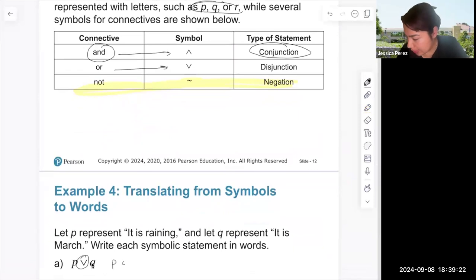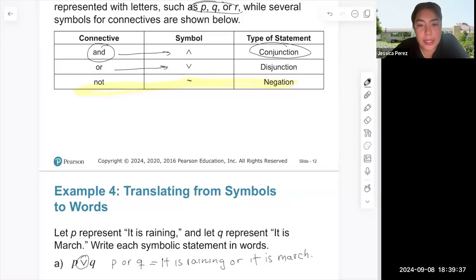Well, we know what P is. It says it is raining or it is March. So it is raining, that's P, and let Q represent it is March. So it is raining or it is March.